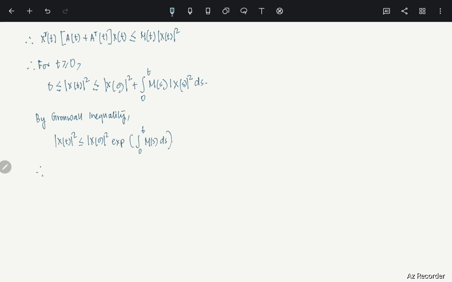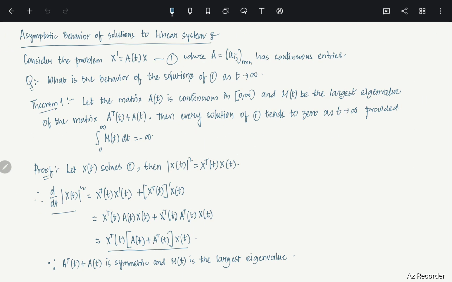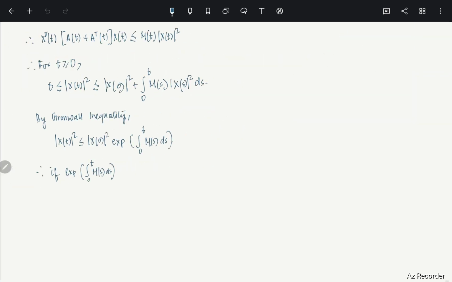Now therefore, if the integral of m(t) dt from 0 to infinity is basically minus infinity, right? So this exponential goes to 0, and then x(t) will also go to 0, right? Because x at the point 0 is some fixed number. So if this is going to 0, then x(t) goes to 0. So basically, you don't have to do anything.